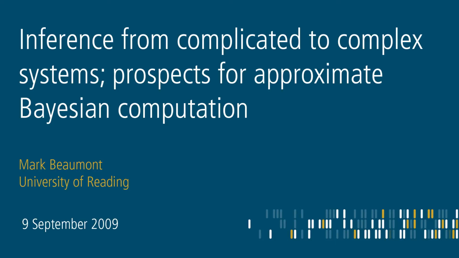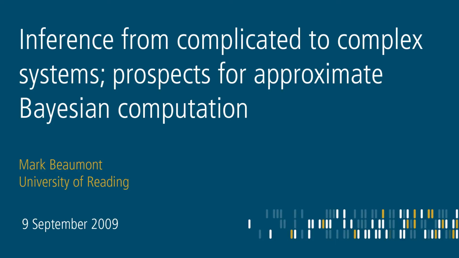And I'll begin by talking about ABC by introducing that aspect. And then another approach has been to use Markov chain Monte Carlo methods, which are potentially more efficient, and then sequential Monte Carlo methods that are potentially more efficient still.